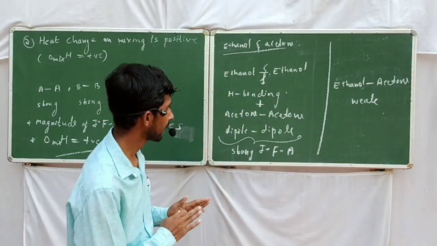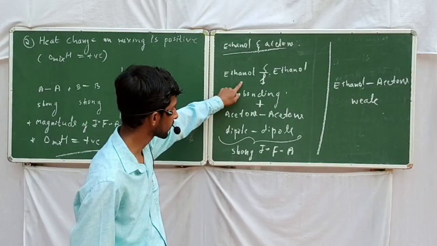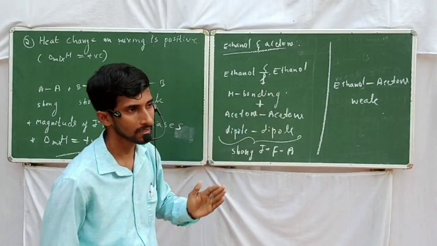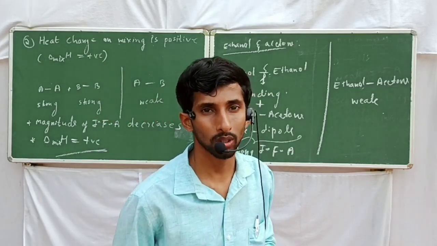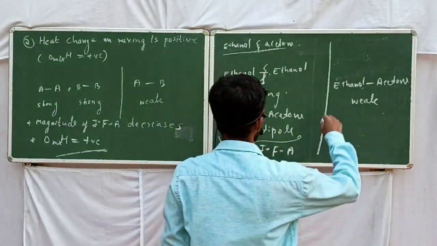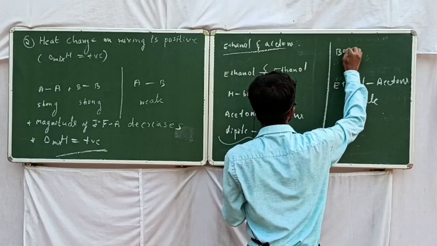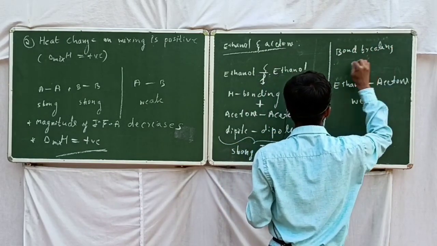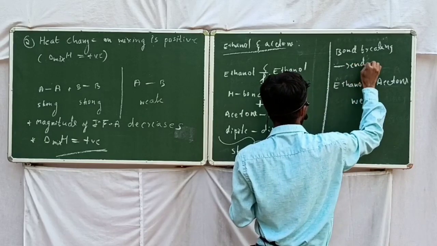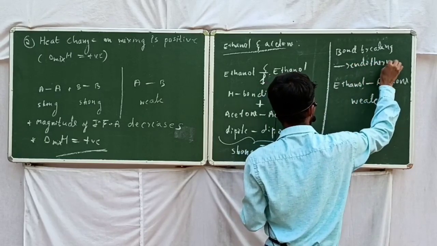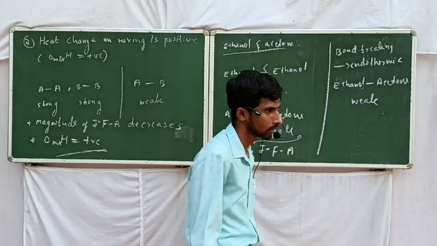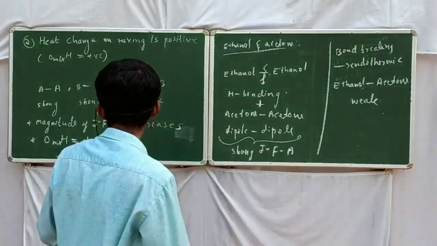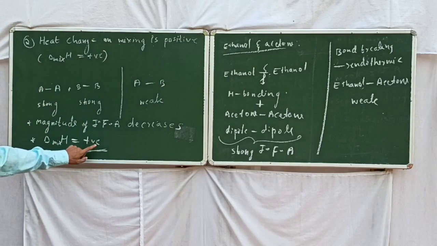So clearly this process involves breakage of hydrogen bonding. Bond breaking is always an endothermic process. In thermodynamics, for an endothermic process we write delta H, that is enthalpy change, is positive, right? So delta H mixing is positive.